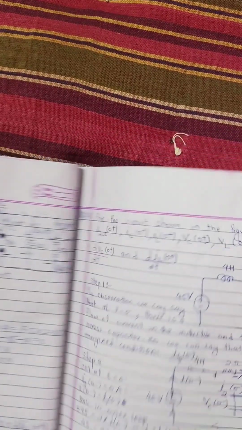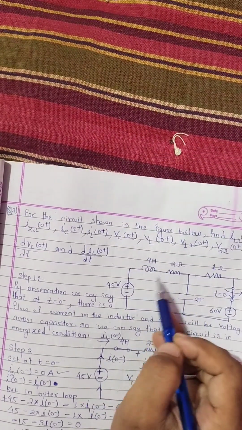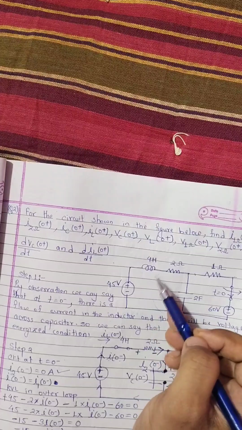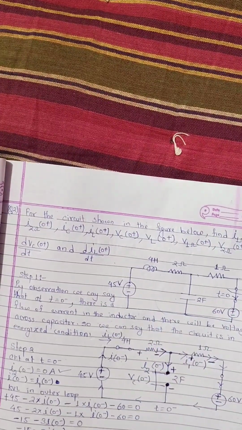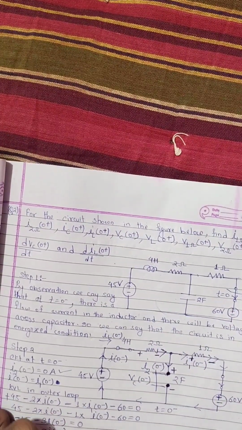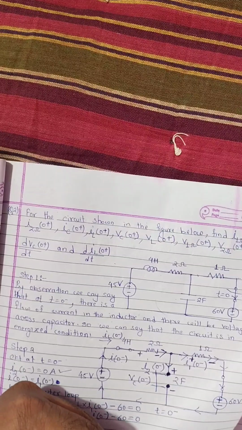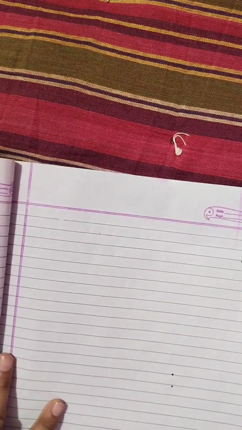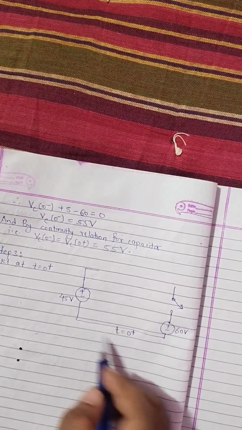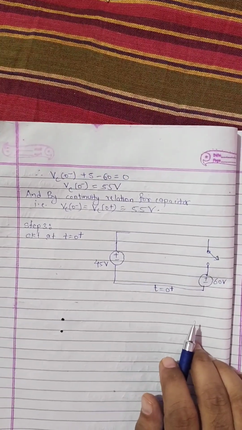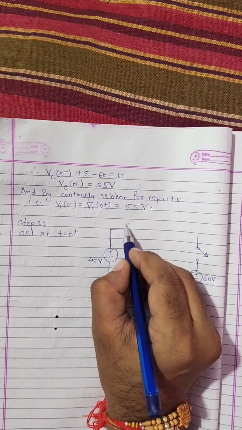This is the energized inductor. The energized inductor at t equals 0 plus is replaced by a current source.